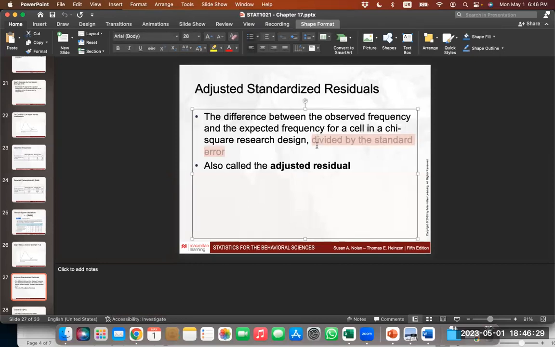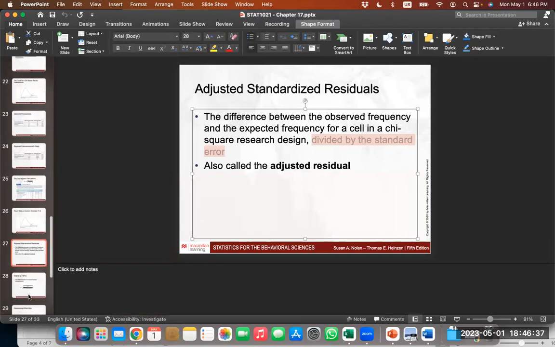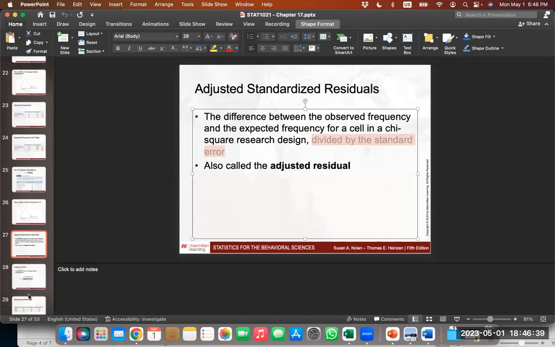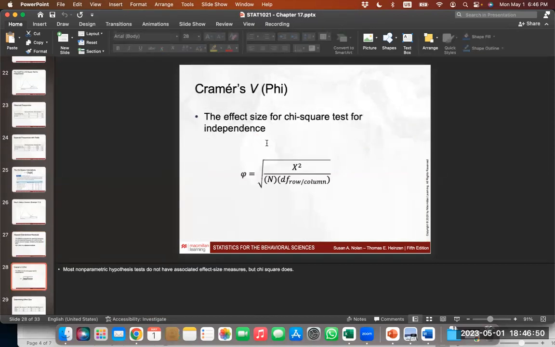You will not need to know how to do that on the quiz. These are the adjusted residuals. You quantify the variability of the actual observed from the expected, and that's how you get the adjusted residuals.